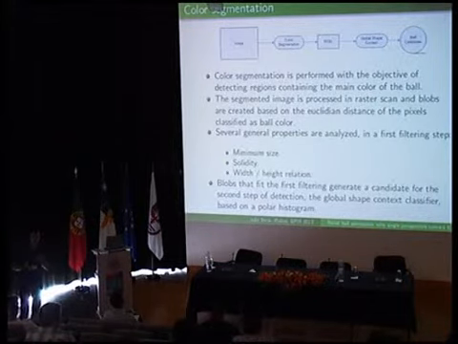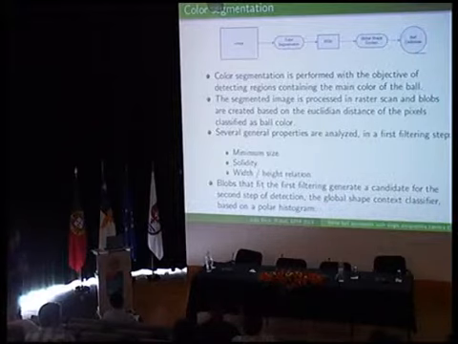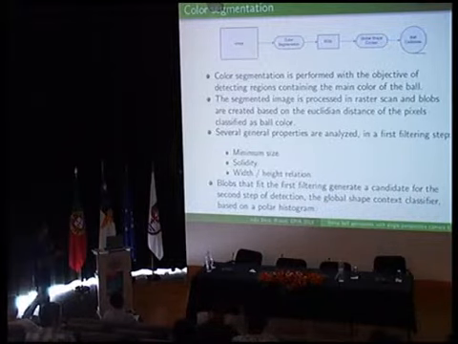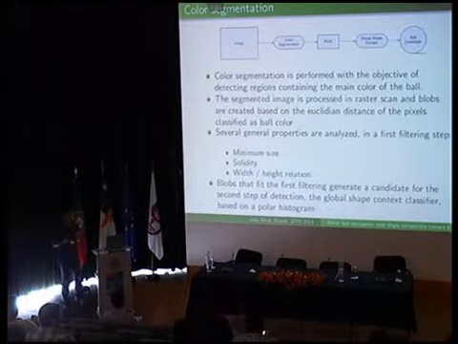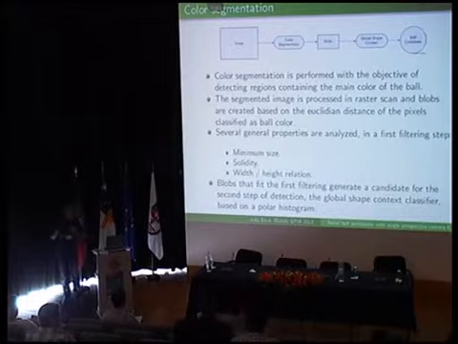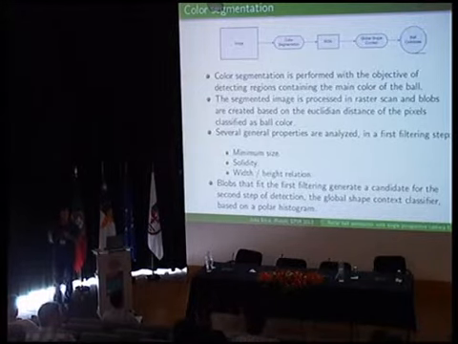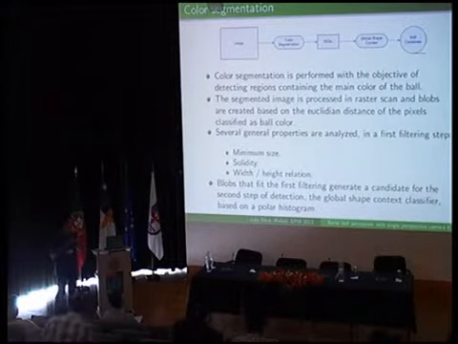These blobs that are created are then analyzed on three characteristics: the solidity of the blobs, the minimum size, and the relation between the width and the height of the blobs. Why do we do that?